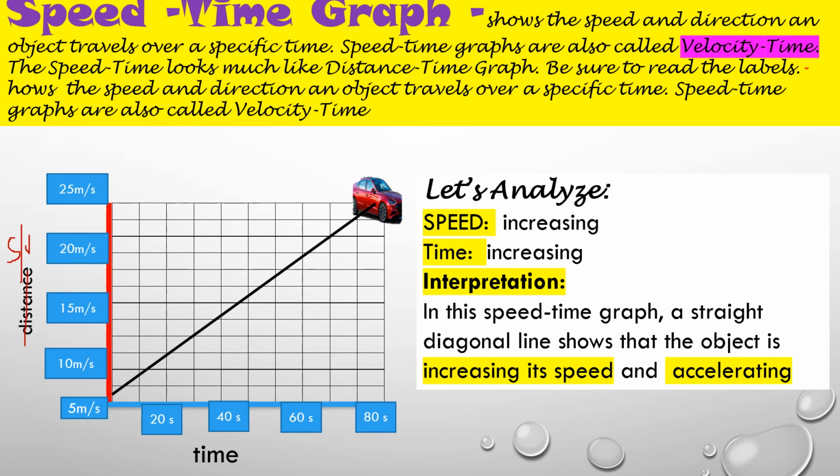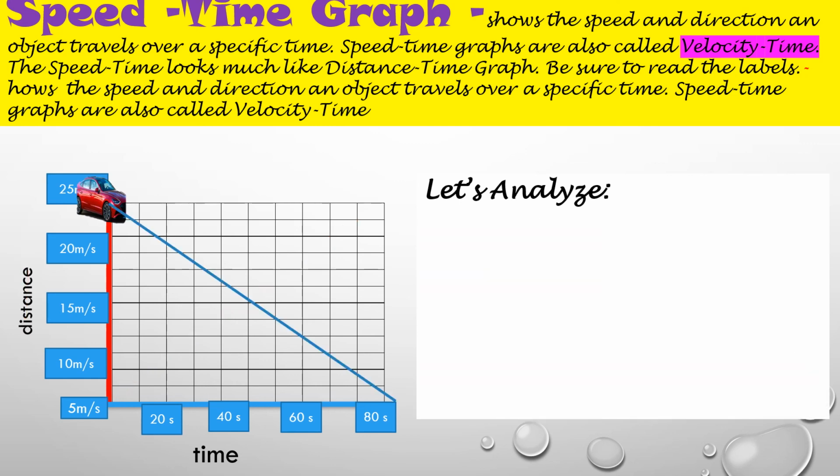Since may diagonal line, ibig sabihin niyan that the car is increasing speed and it is accelerating. Nag-i-increase yung speed niya at siya ay bumibilis kapag merong diagonal line, for the speed and velocity. Pero pag distance time, constant yan. So, kaya sabi ko kanina, iba yung meaning ni distance time graph kay speed or velocity time graph.